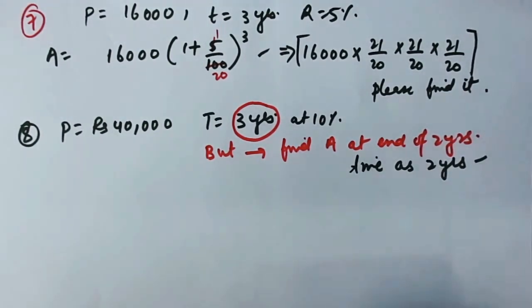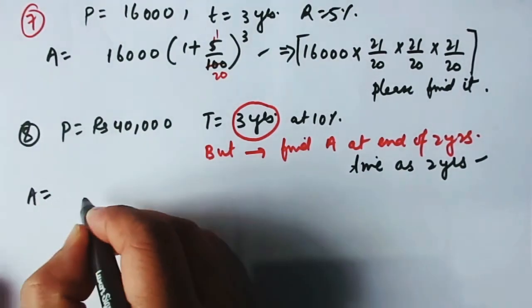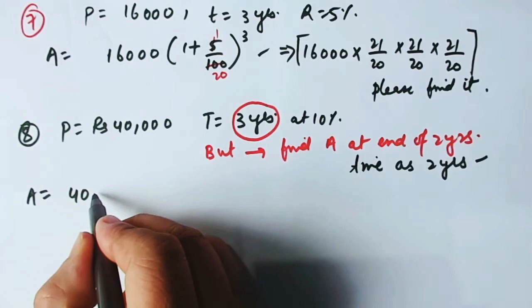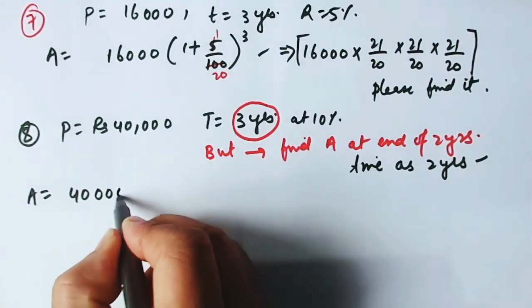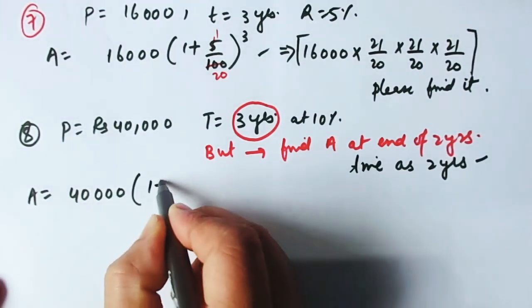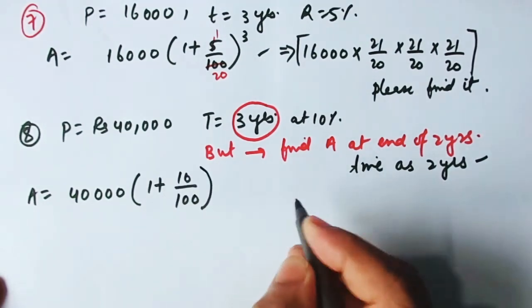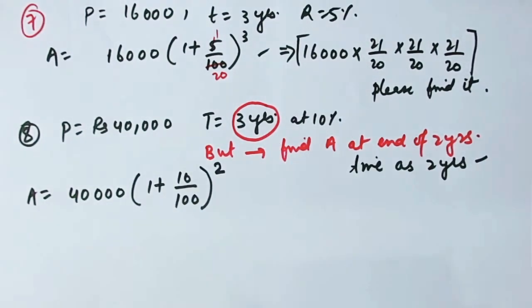So your formula for the amount will be equal to 40,000 into (1 plus R by 100) to the power 2 and not 3.